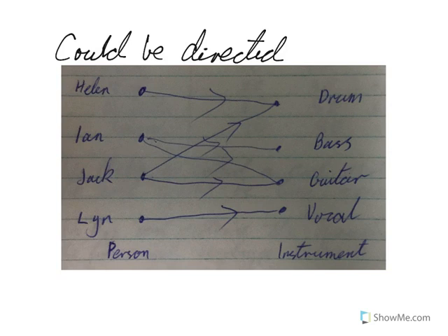Alright, so here's a directed one, so we've got four people here, and we've got some instruments. So here we've got a directed graph, so the line there, Helen to drums, indicates that Helen can play the drum. Whereas Ian has an arrow to the bass and an arrow to the guitar, so Ian can play both of those.